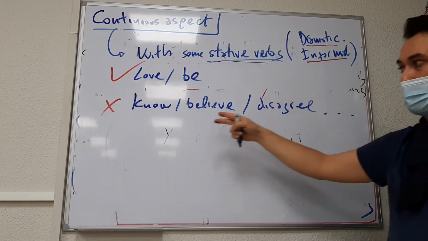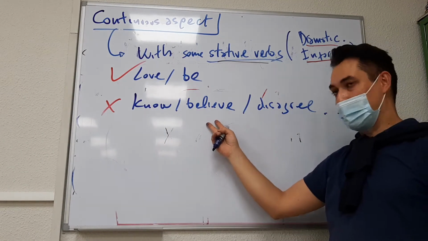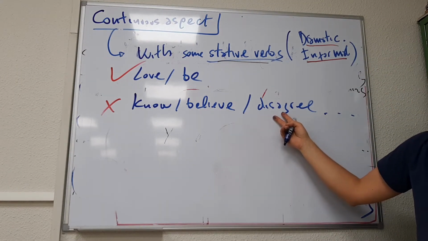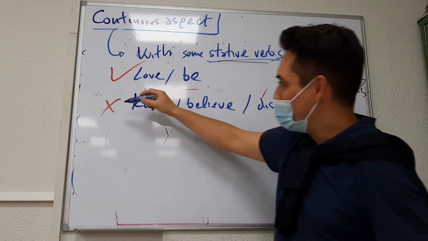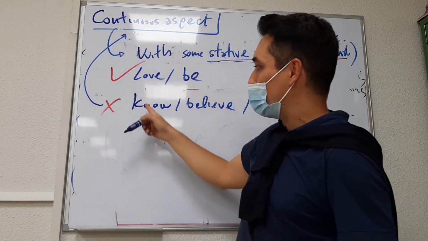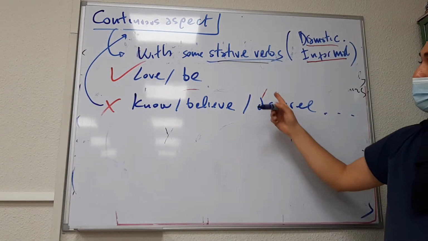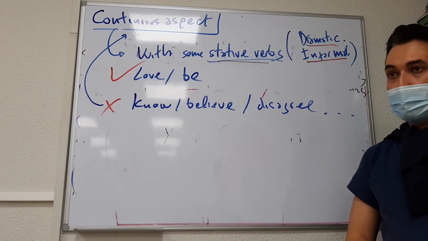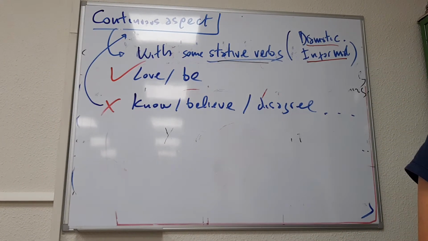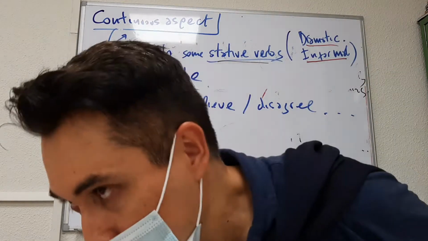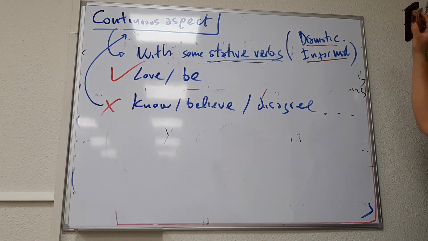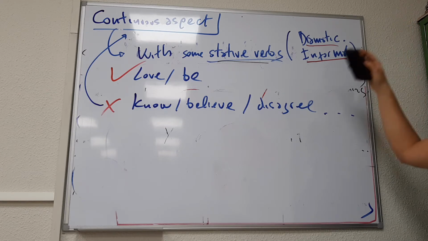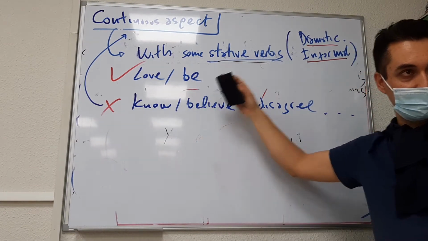You can never say, I'm knowing this. No. I'm believing. No. I believe it. I'm disagreeing with you. That can never be correct. These stative verbs need to be used in the simple aspect. So I'm loving it, you're being stupid, that's all right, but not with these ones.